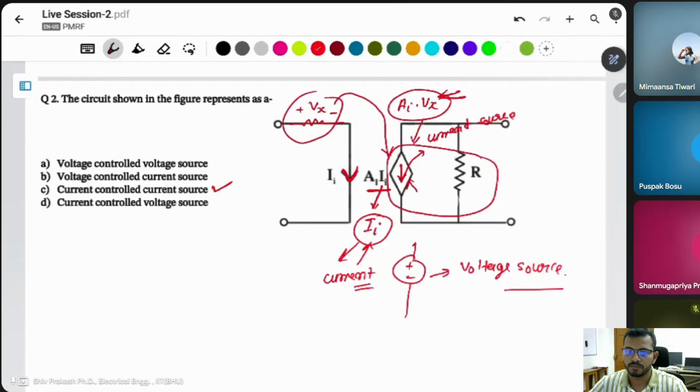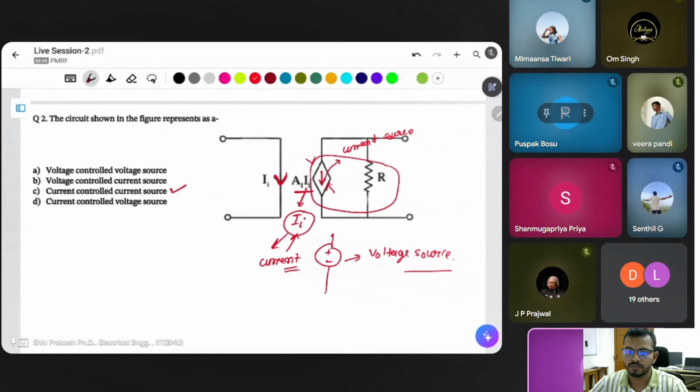It means it is a voltage controlled current source. But here it is controlled by the current only. That's why this is the current controlled current source.